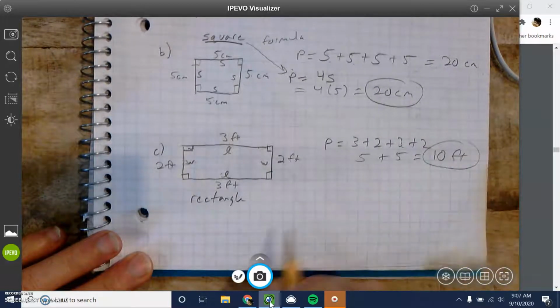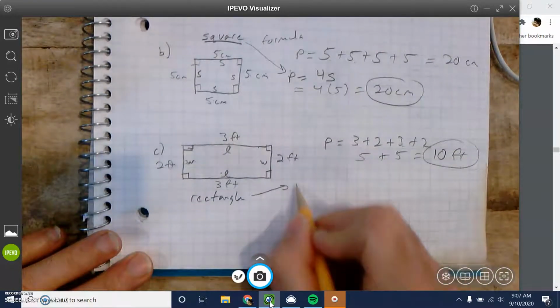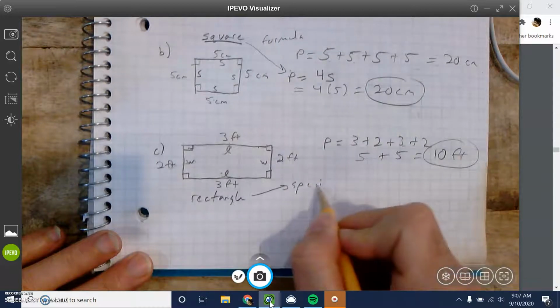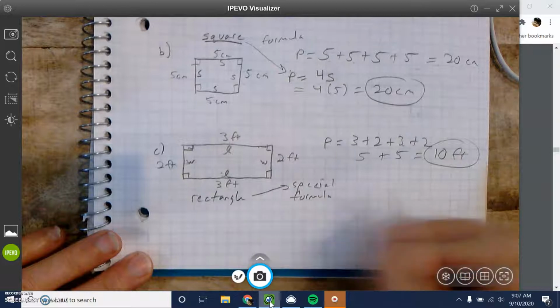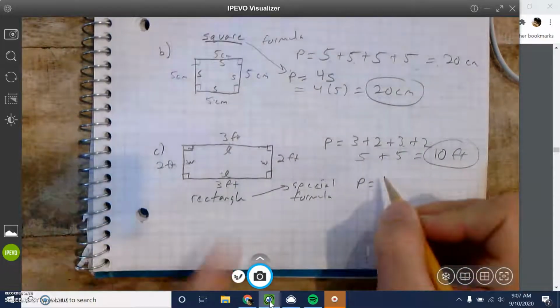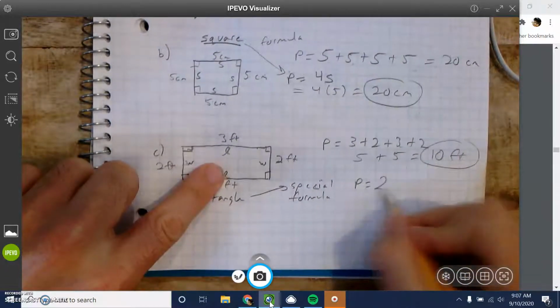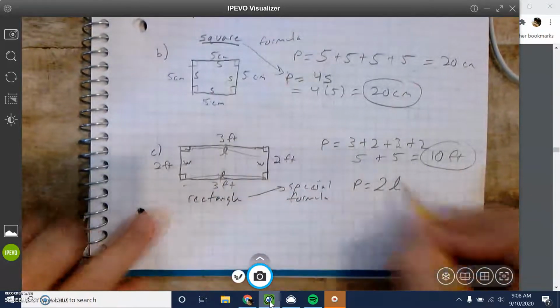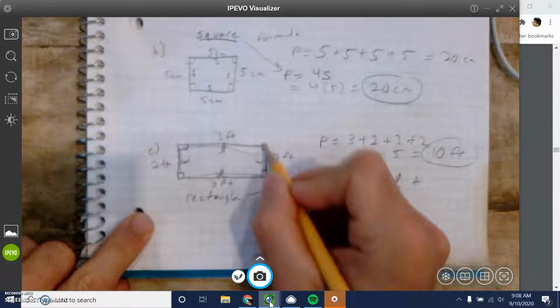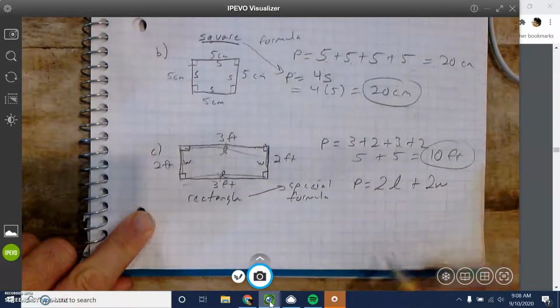Got it. Now with a rectangle, there's a special formula it wants you to consider. That's 2 lengths, so 2 of these, plus 2 widths. Like that.